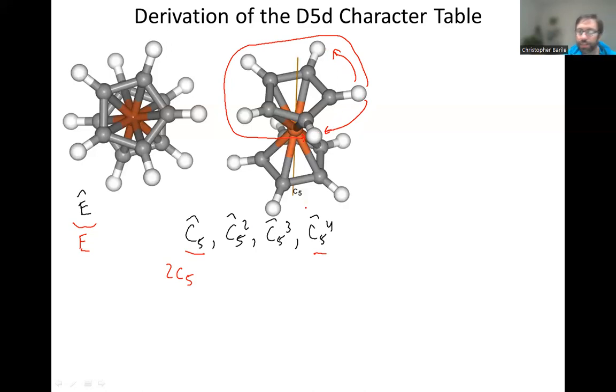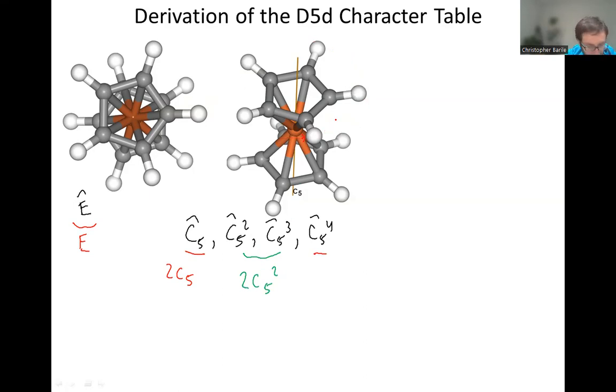So the C5 and the C5-4, depending upon how you define your directions, your axis systems, are equivalent. And so that's why they belong in the same class. And then these C5-2 and C5-3 are also going to fall into their own class. So we'll call that the C5-2 class for exactly analogous reasoning.